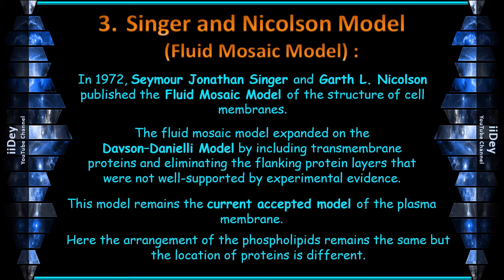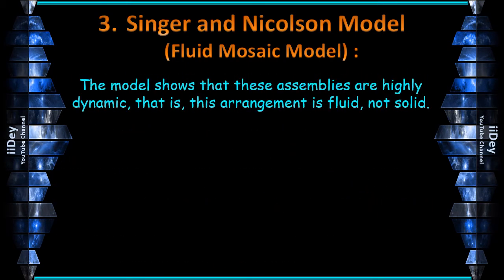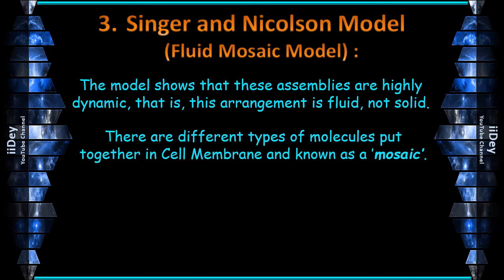Here the arrangement of the phospholipids remains the same, but the location of proteins is different. The model shows that these assemblies are highly dynamic, that is, this arrangement is fluid, not solid. There are different types of molecules put together in the cell membrane, known as a mosaic.